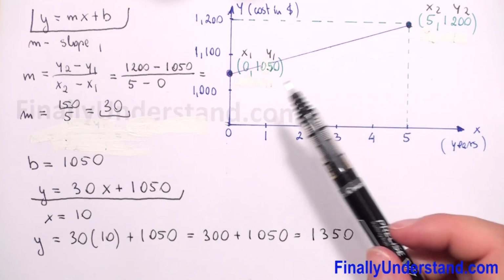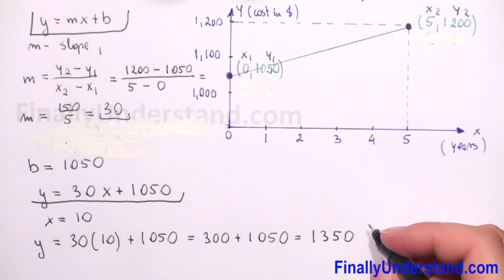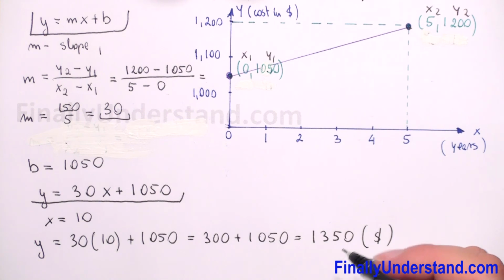And the cost is given in dollars, so we have dollars. So the apartment will cost $1,350 after 10 years. This is my solution.